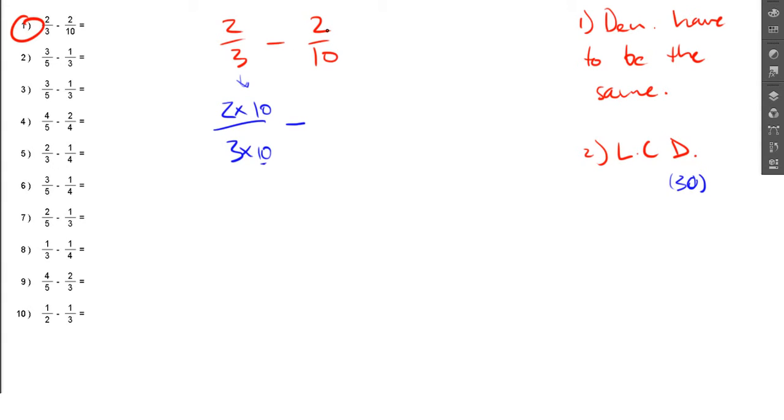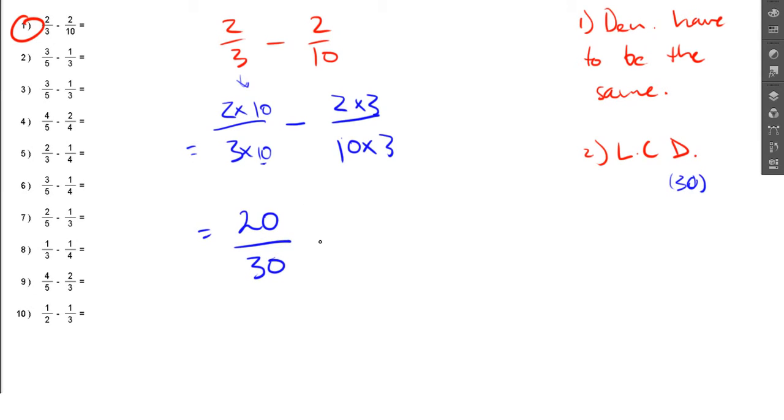So 2/10, and we know 10 goes into our lowest common denominator 30 3 times. Multiply by 3. And what we do to the bottom, we do to the top, we'll multiply also by 3. And let's see what we get. So 2 times 10, sorry, is 20, and we have our denominator of 30.